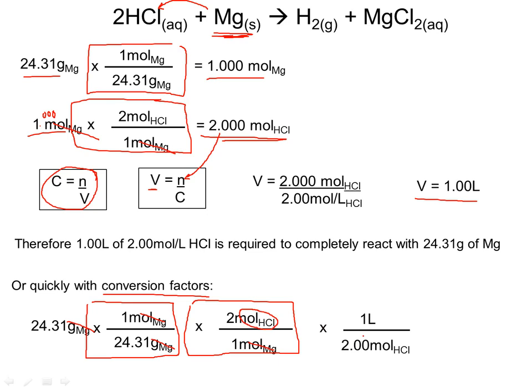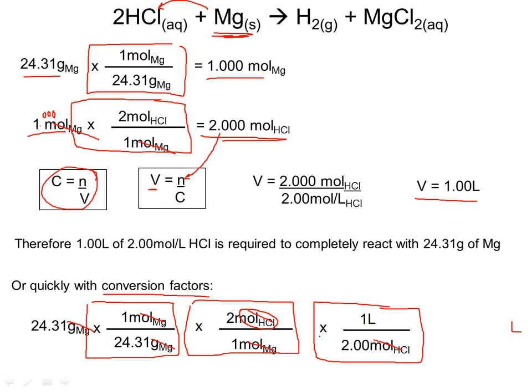So if we cancel out moles by putting moles in the denominator here, and we have liters up top, our answer will be in liters, which is what we're looking for. We're looking for the volume. So this conversion factor here is the concentration. Because remember, concentration is just an expression of how many moles there are per liter. So I'm saying 1 liter has 2 moles in it for this particular acid.